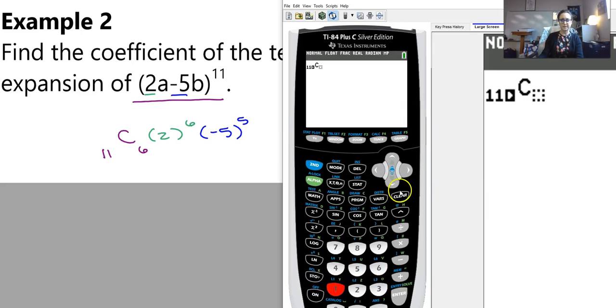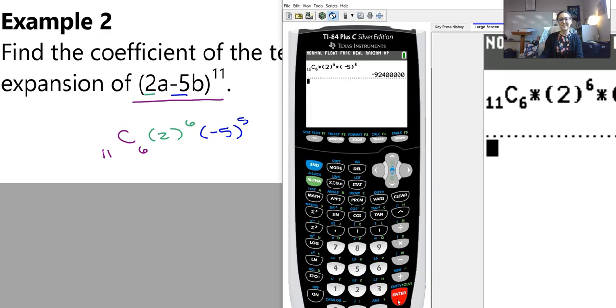So I've got 11 choose 6 times 2 to the 6th, and let's be mindful of our parentheses here, times -5 to the 5th, and I'm getting that value.